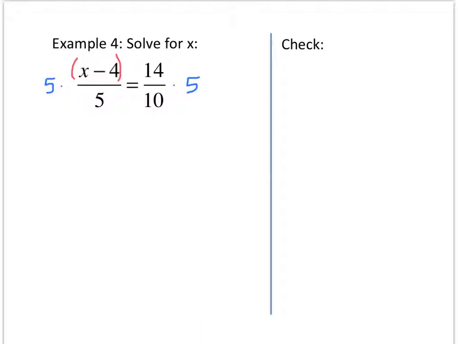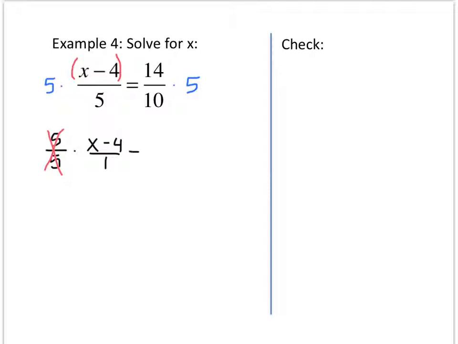Good. So when I multiply, I can actually see here, if I write it out, the 5 and the 5 are going to cancel, or in other words, I'm going to end up with 5 over 5 times x minus 4 over 1, and I really don't need to write 5 over 5 because that's just multiplication by 1, and that's unnecessary.